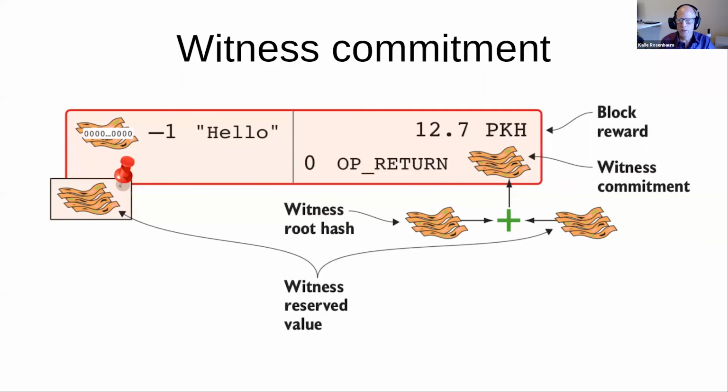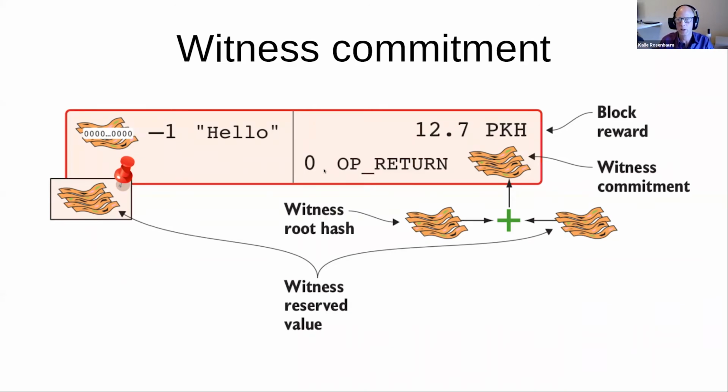And this means that if a full node sees an output with an OP_RETURN in it, this output can never be spent because it will always fail. So you don't have to store this output in the UTXO set, because it's pointless, because no one can ever spend it.